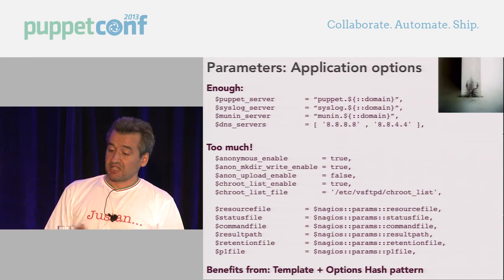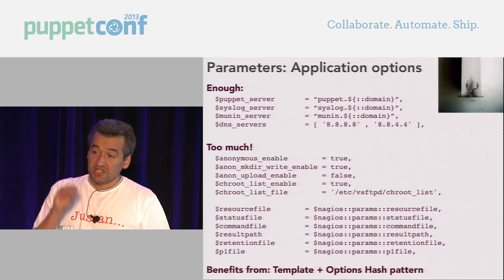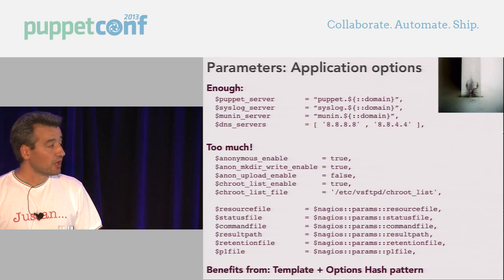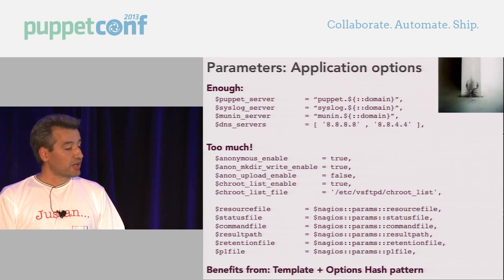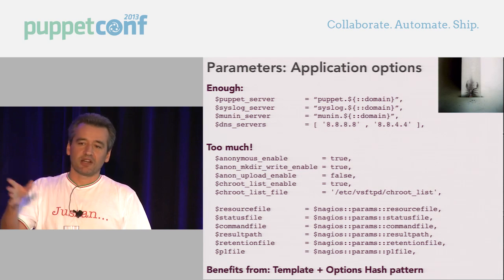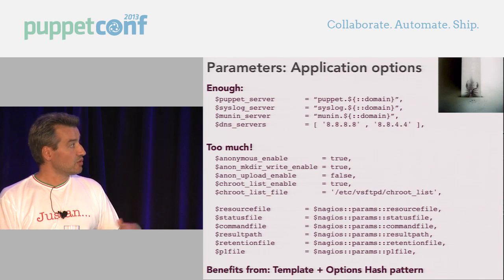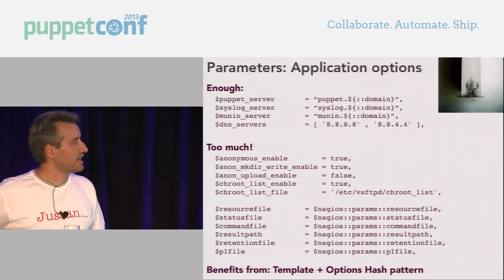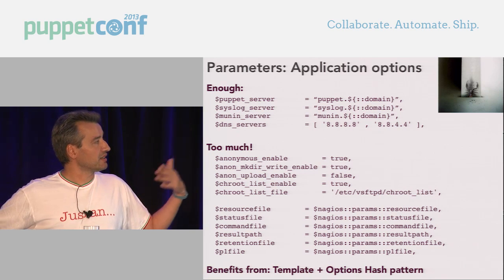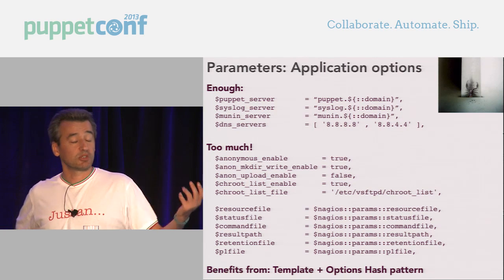Other kinds of parameters are the ones related to the specific application you are managing with the module. In this case, you can get into a spiral of parameter proliferation. For example, you may have legitimate parameters like the IP address of a syslog server or a monitoring server, whatever.